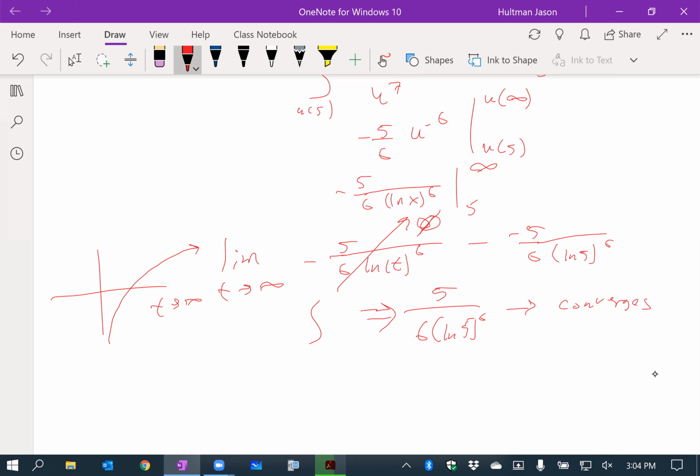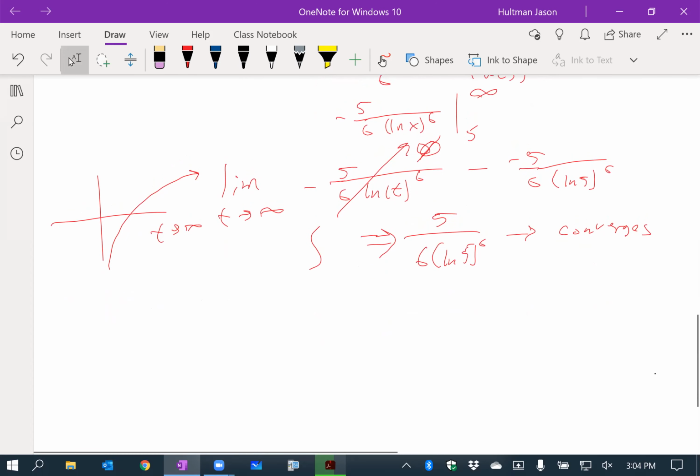And so since we know the integral converged, then what do we know about the original series? Well, we know that then the original series converges as well.